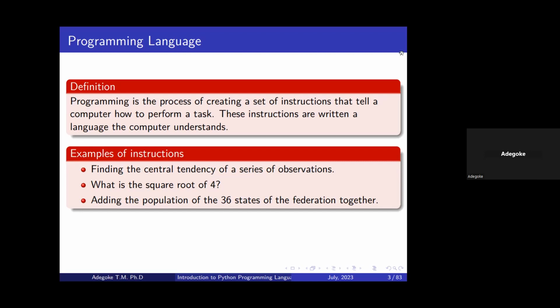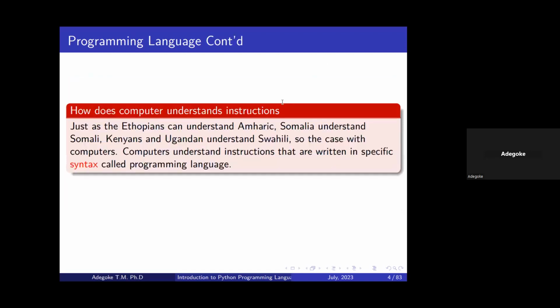This information is what Mr. Babatunde actually used Oracle, which is SQL, to pull out, and to give a specific set of instruction using Oracle database. So we can write a code that can calculate the central tendency of a series of observations, that can find the square root of a number, and also that can add the population of the whole country.